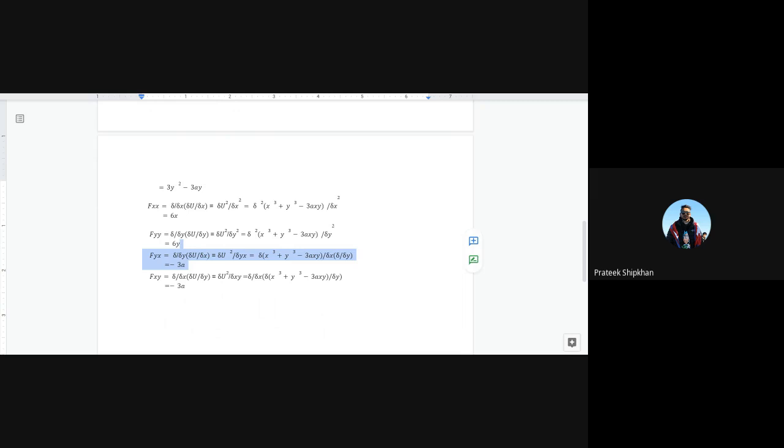Treating x as constant, that is 3y square will be 0 and 3ax will be 3a, because there is no variable term in 3y square. So delta square u by delta y delta x will be minus 3a.